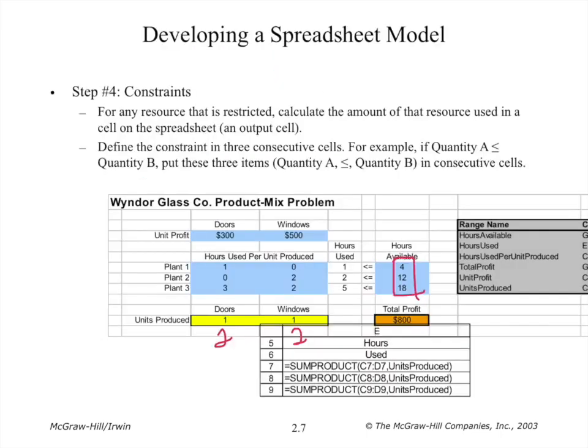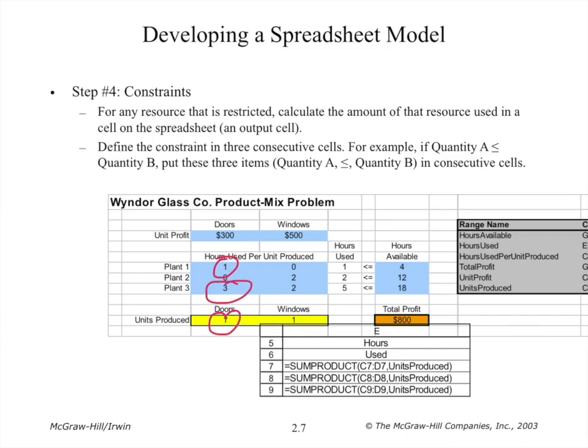We can see this in this data. To produce 1 door, we need 1 hour in plant 1 and 3 hours in plant 3.